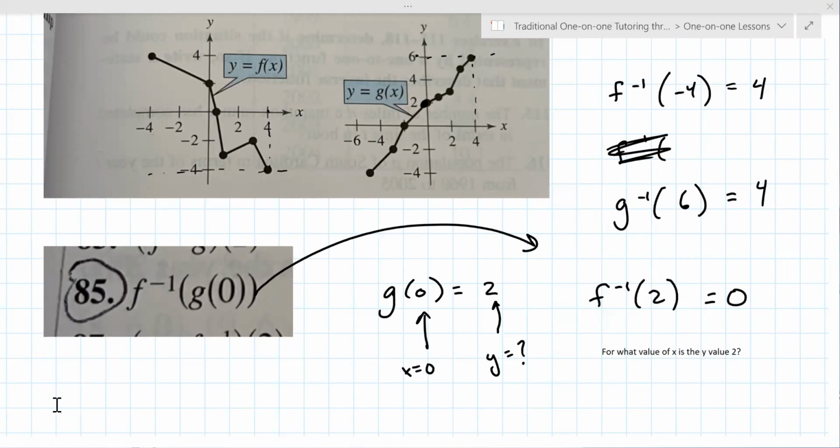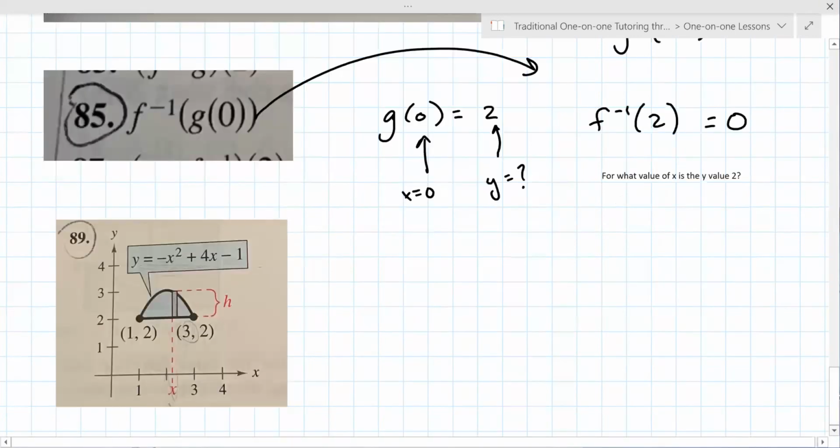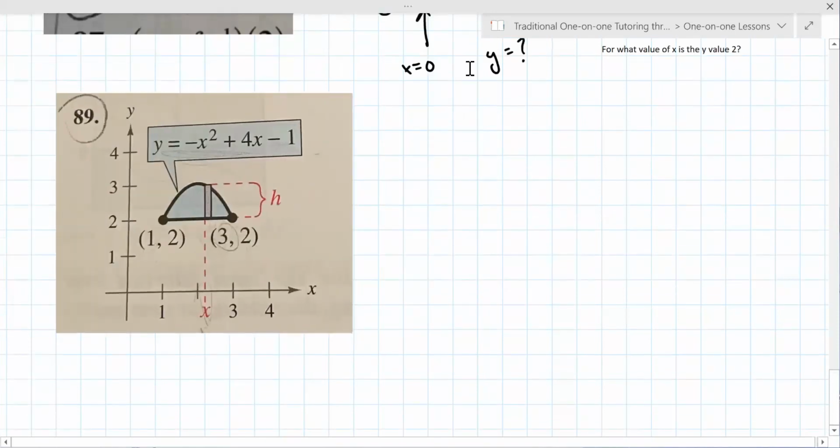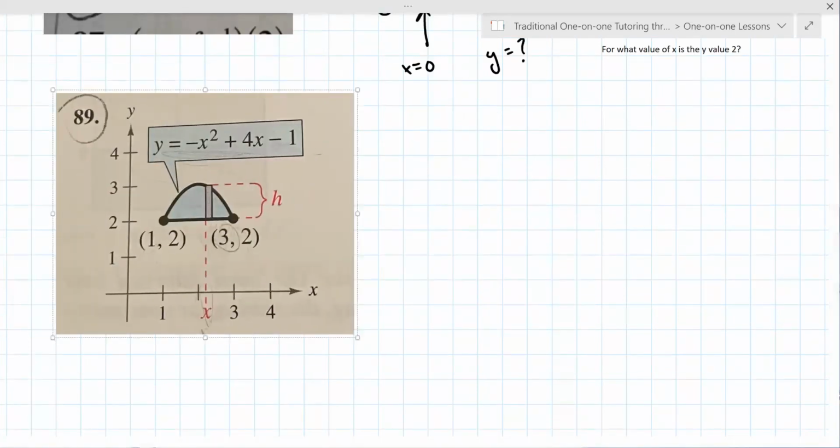All right. 89 here. So the instructions say to write the height of the rectangle as a function of X. What they're trying to tell you is that X could be anywhere. X basically goes from 1 to 3.